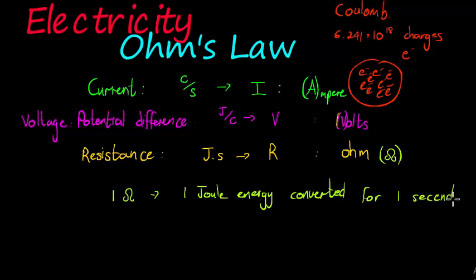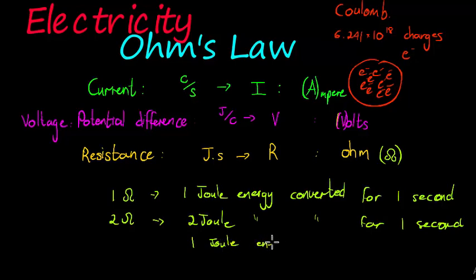Okay, so that doesn't really help me much, but let's look at something like 2 ohm. 2 ohm can either mean I had 2 joule energy converted for 1 second, or it can mean I had 1 joule of energy converted for 2 seconds.